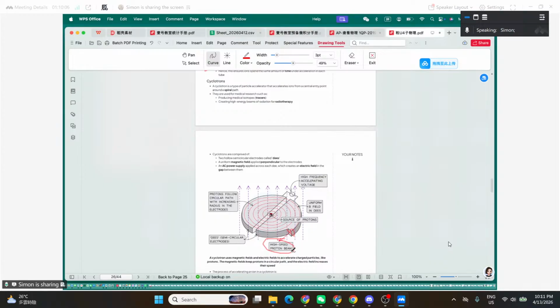Here is the uniform field in the disk, and here is the source of the proton.